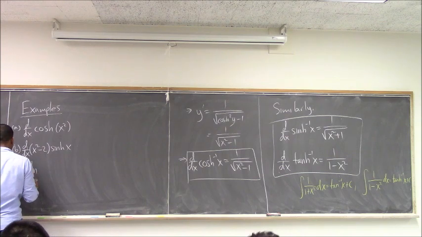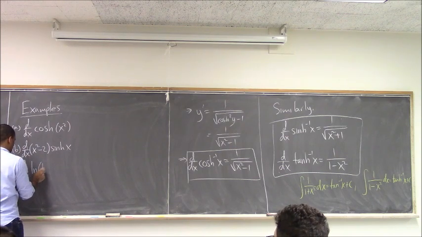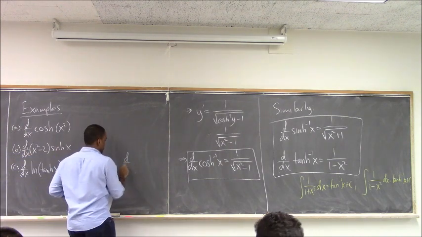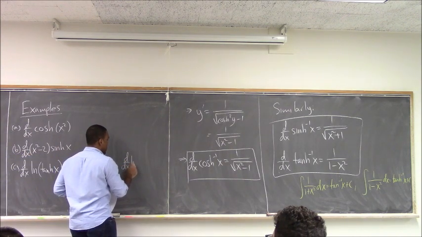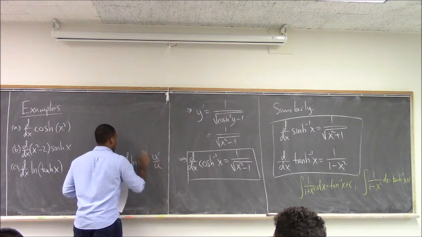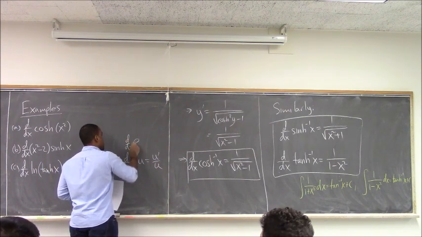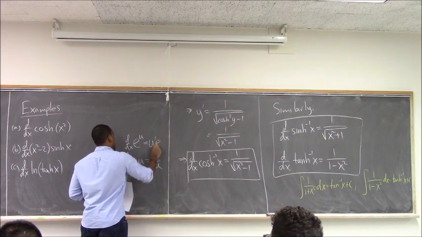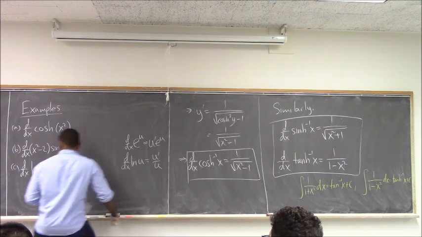Check that you remember how to differentiate a logarithm. What's the derivative of d dx of ln u? U prime over u. d dx of e to the u? U prime e to the u. Okay, so things like that.